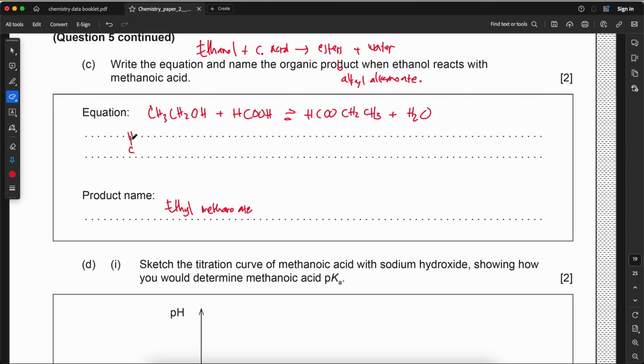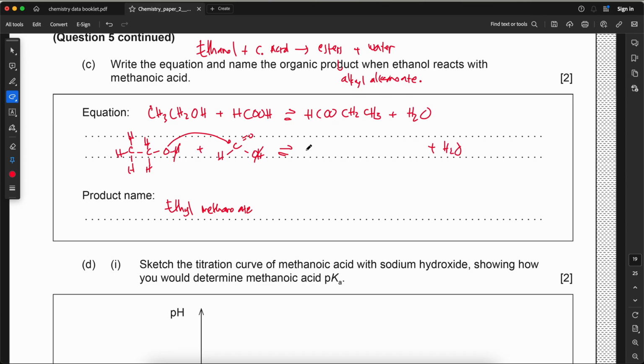So CH3CH2OH plus HCOOH. So this O will bond with this C. This will be discarded to produce water.